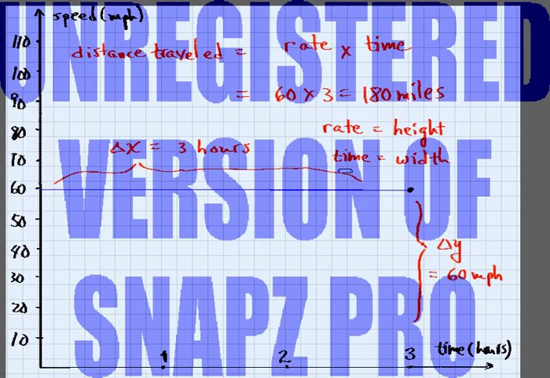The area of that rectangle is just its height times its width, which in this case is 180 miles. Now I know it's a little odd to think about area as being in miles, but for this particular graph, given the units on the y and the x-axis, the area underneath this simple function is in fact in units of miles. And it does represent how far we have traveled.